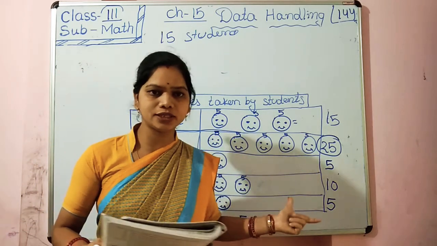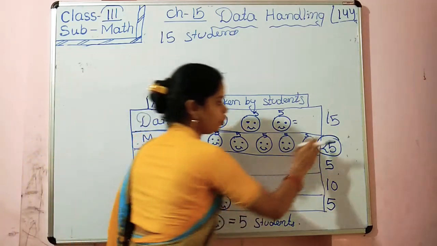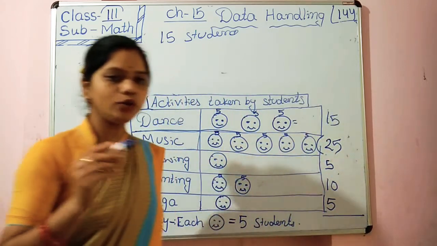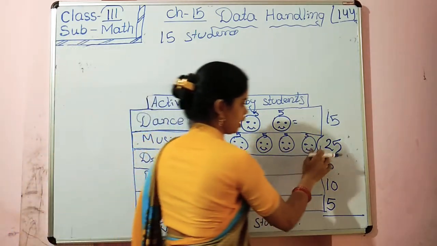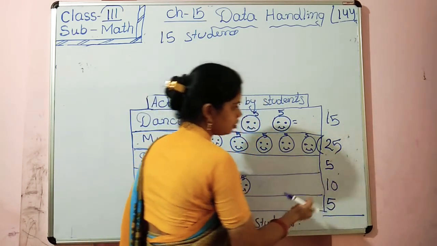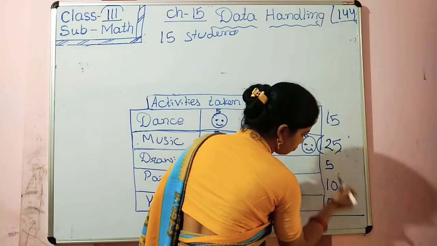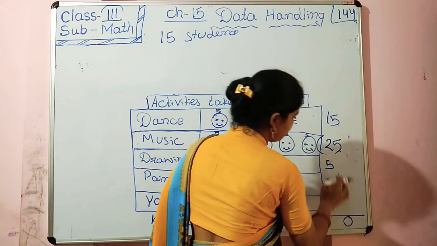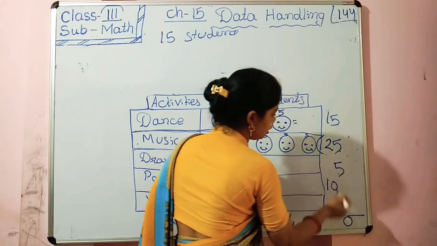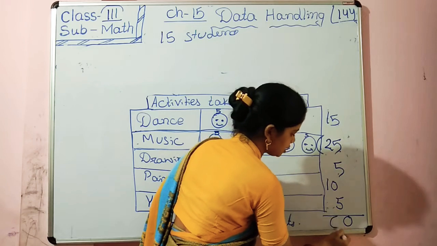Then how many students are there in total in the class? Total number of students. What will we do? We have to add all the numbers: 15 plus 25 plus 5 plus 10 plus 5. Add, 5 plus 5 is 10, plus 5 is 15, plus 5 is 20, and so on. The total is 60 students.